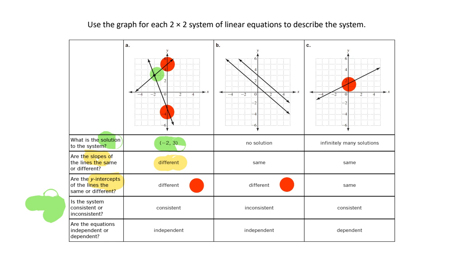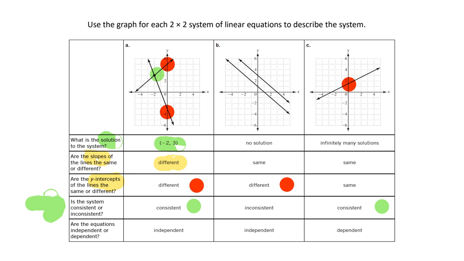Well, I have a solution. That's that green dot. But parallel, there is no solution. So it's inconsistent. But if you look at the lines on top of each other, they have a solution, but they have a lot of solutions, many solutions.